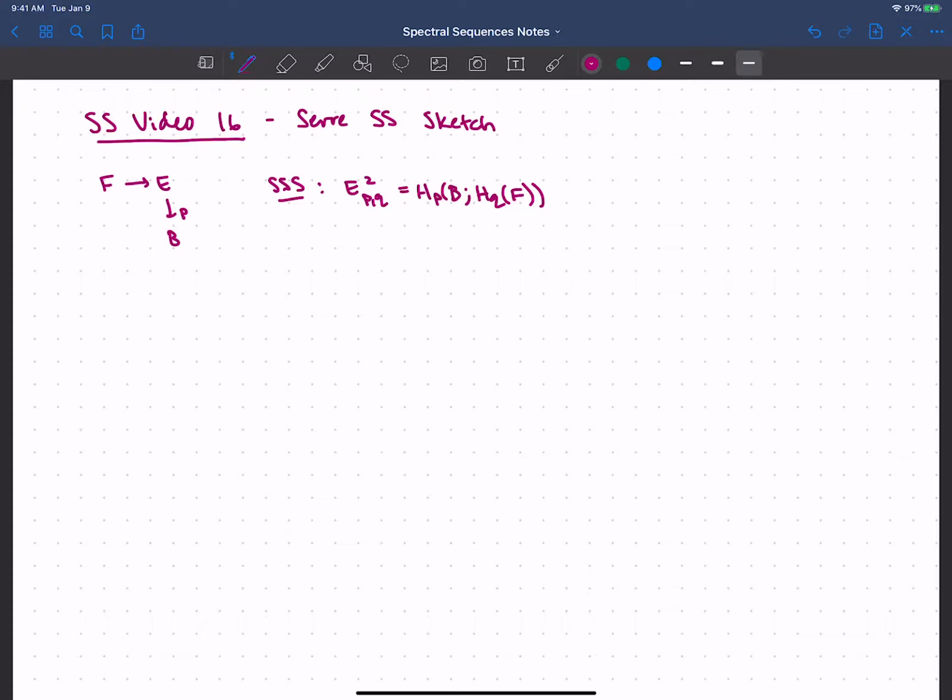And I guess here I'm assuming that pi1 of B acts trivially, so I can ignore local coefficients. And then the spectral sequence converges to the homology of the total space.